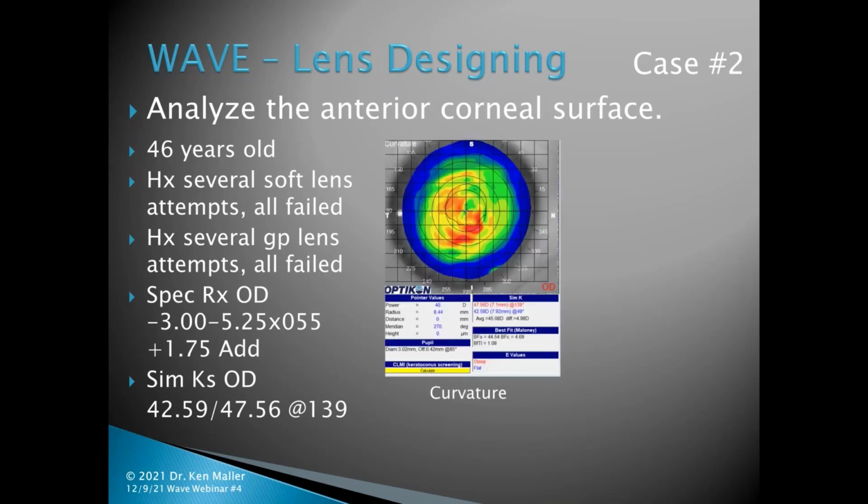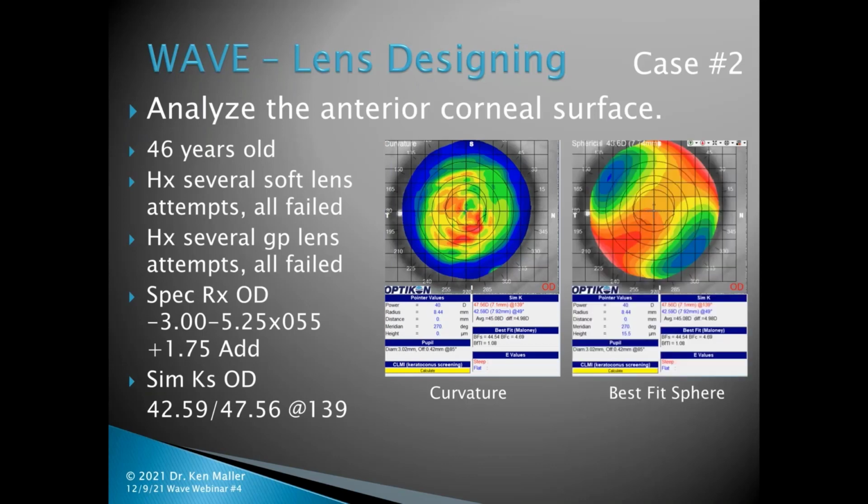So we take a look at the curvature map. And on the curvature map, it's a little splotchy looking, so we also have a little bit of a tear film issue, given that this was a placido disc-based topography capture. But if you look at the cylinder, it really is fairly well contained centrally.